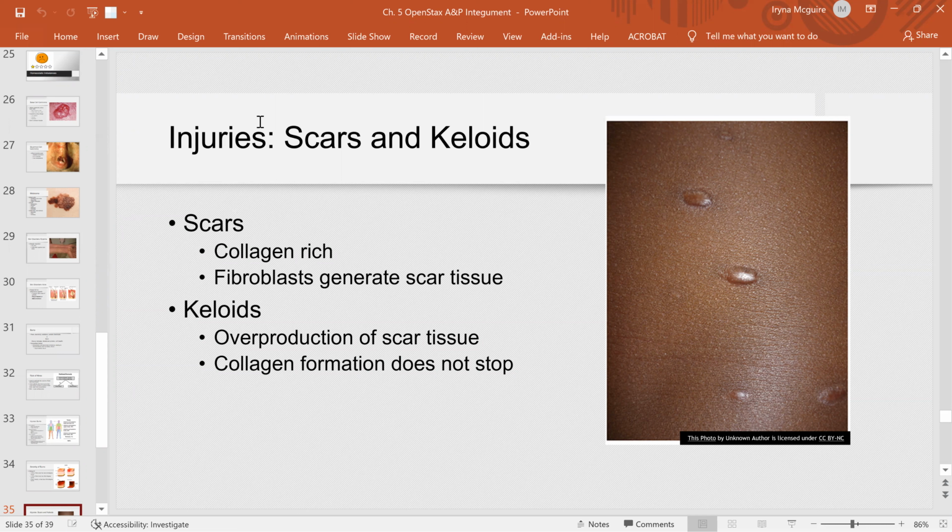So when you have a normal process, when you do not overproduce scar tissue, when you cut yourself, your epidermis will heal by regeneration. So you have the same type of tissue, epithelial with same function, and underneath we will have a scar, right? But when this scar tissue grows on the surface of the body, that's when these keloids are formed. Okay.